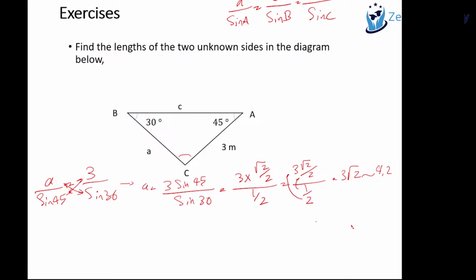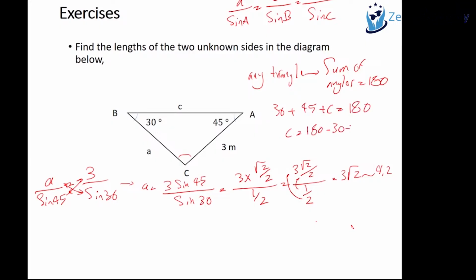Add 2. Right? Because we have this rule in triangle, for any triangle, the sum of the angle is 180. So 30 plus 45 plus C is 180. So C would be 180 minus 30 minus 45.